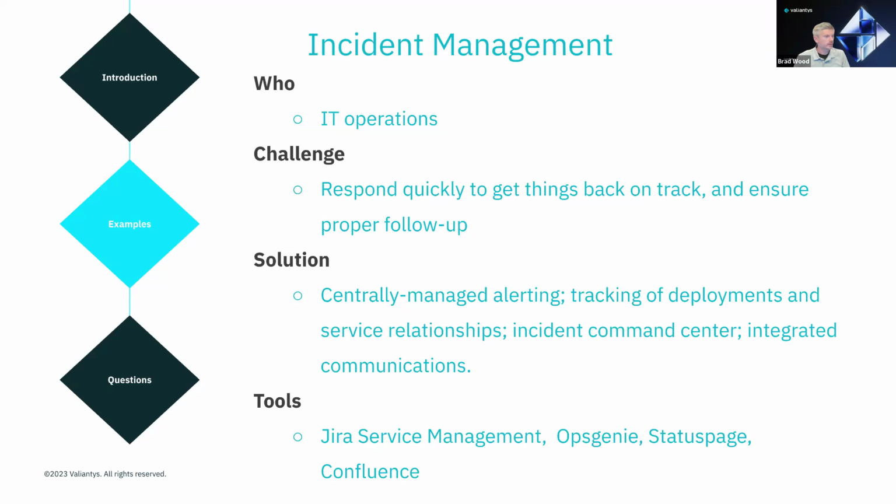The solution is going to be Jira Service Management and using that centrally managed alerting system, tracking of deployments and service relationships, incident command center, and integrated communications. And the tools, of course, will be Jira Service Management. We'll be using Opsgenie, Statuspage, and Confluence.